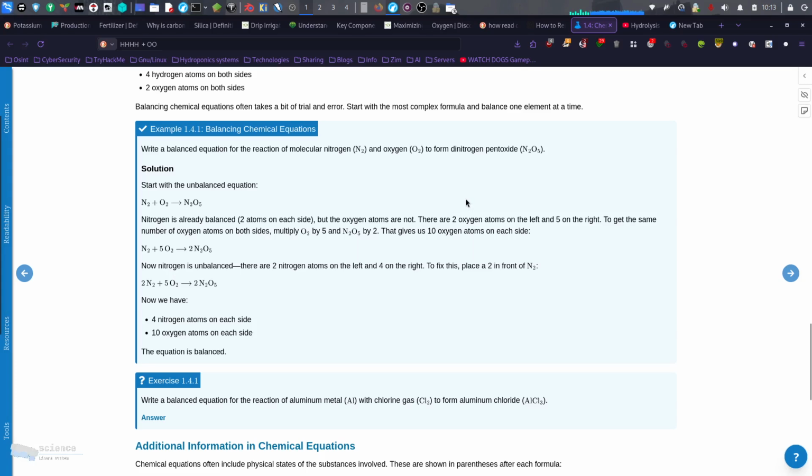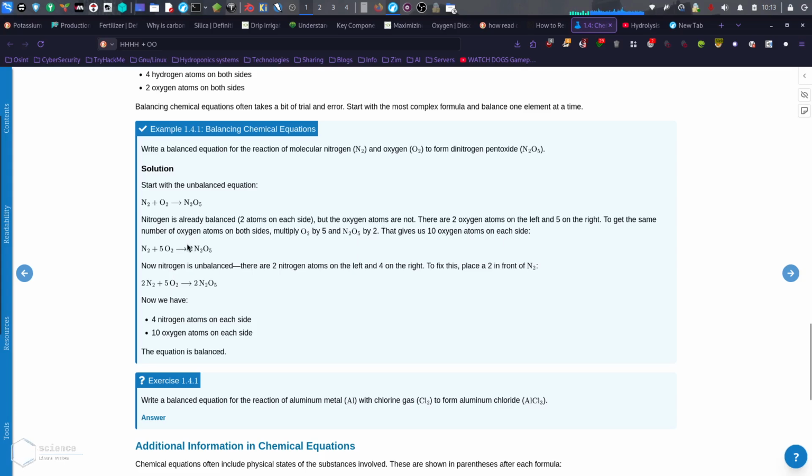There are 2 oxygen atoms on the left side and 5 on the right side. To get the same number of oxygen atoms on both sides, multiply oxygen 2 by 5 and nitrogen oxide 5 by 2. That gives us 10 oxygen atoms on each side.